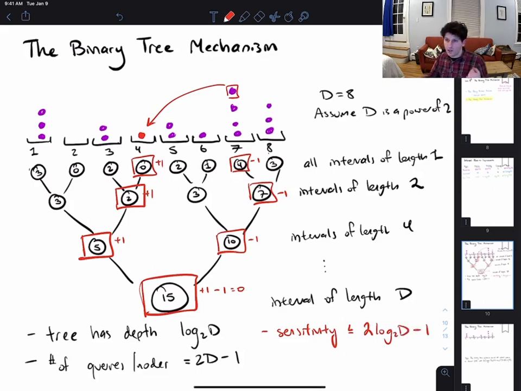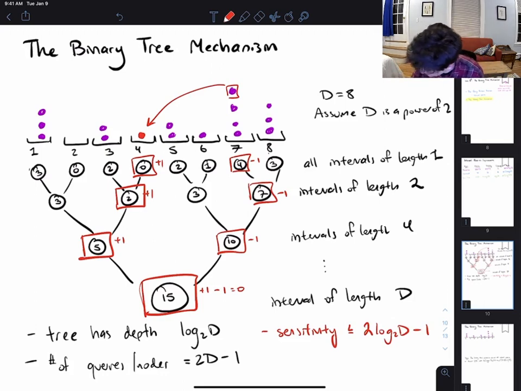Okay, so it can be smaller because it could be that these two paths actually meet somewhere closer, before they get to the root. But kind of the worst case is that they meet up at the root of the tree, or as I drew it, down at the root of the tree. And if they meet down at the root of the tree, then there'll be pluses or minuses on 2 log d minus 1 nodes.